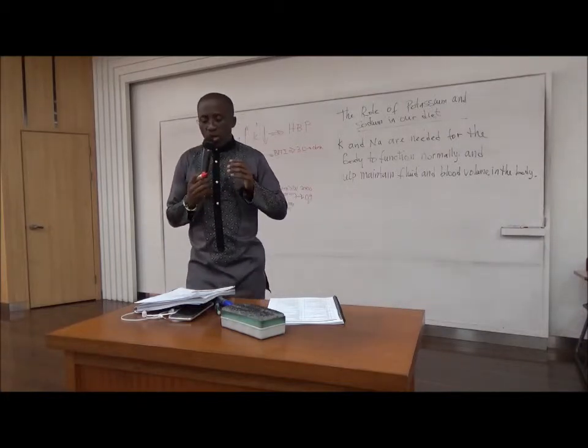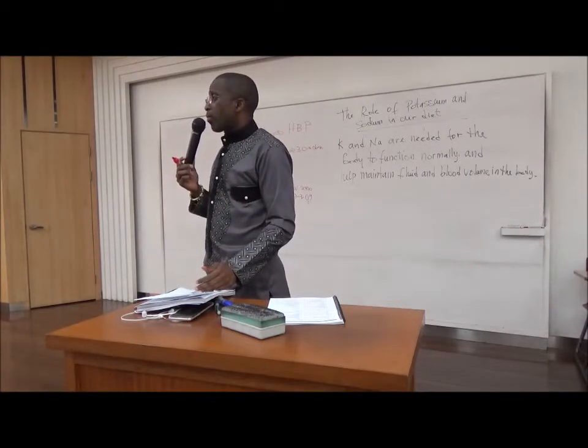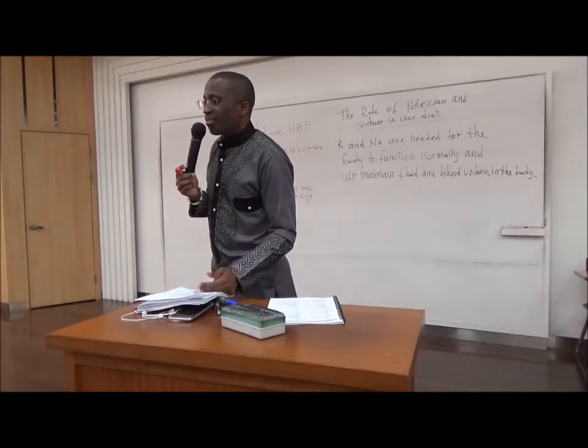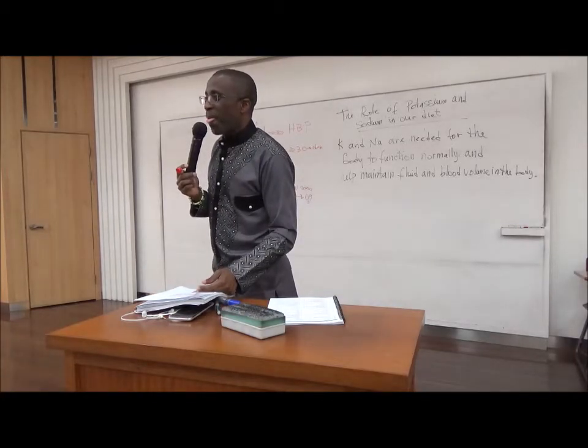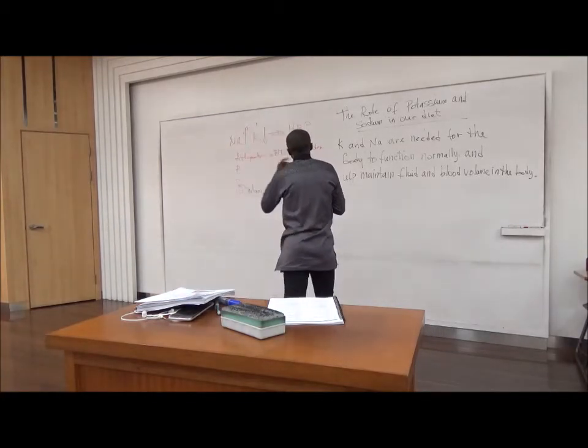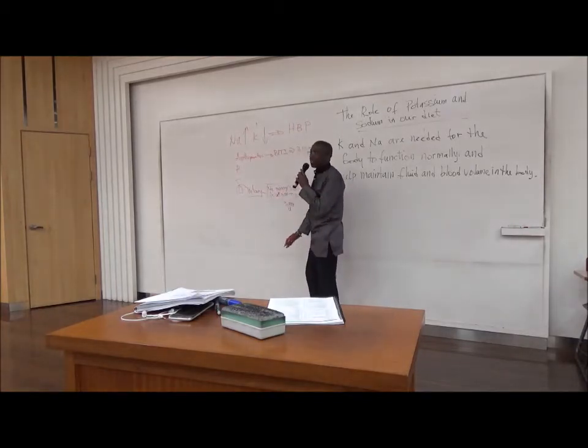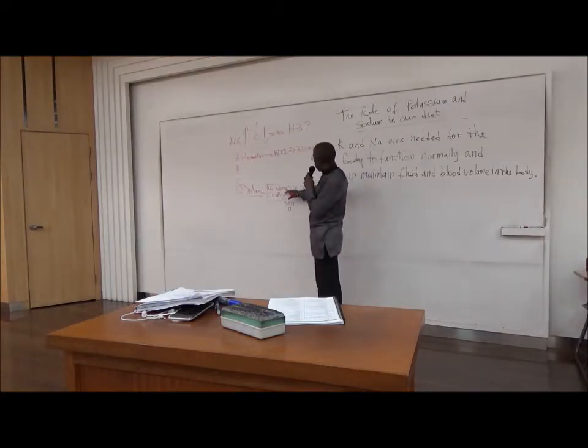So what does it mean? It means no potassium. That's the way you think. You look at the dietary assessment: a lot of sodium, no potassium. What does it mean? Risk of high blood pressure or hypertension.